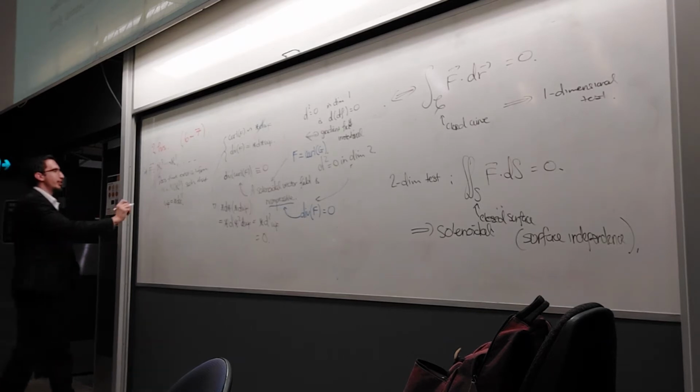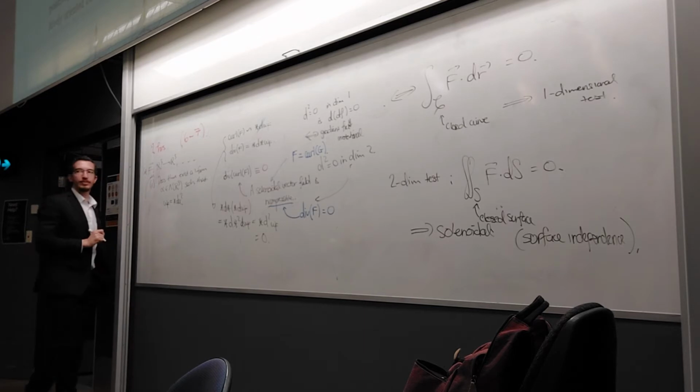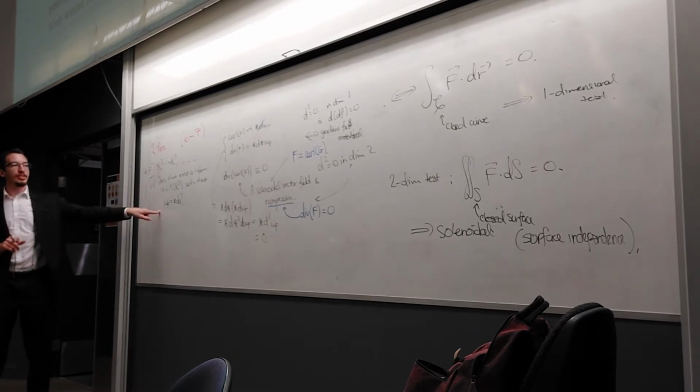Actually, this would be question 2. What would I ask in question 1? Compute what? I already assessed omega f. So if I'm asking you if it's a solenoid, what does it have to be first?